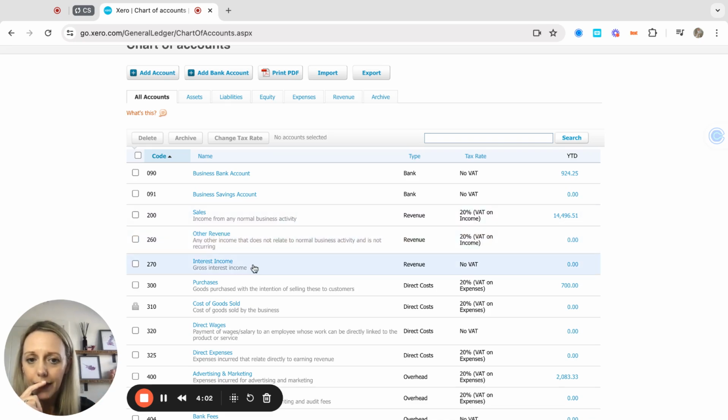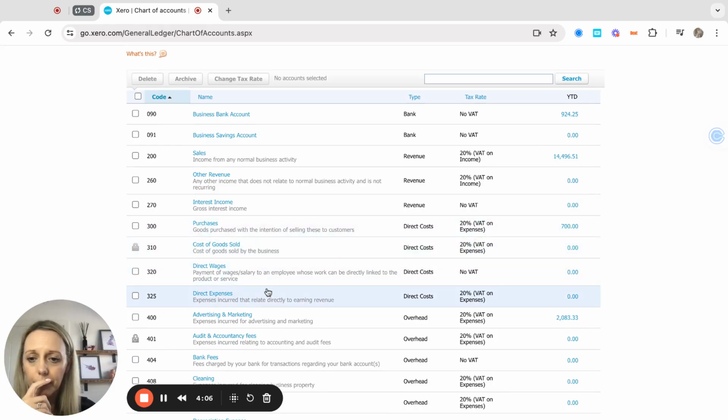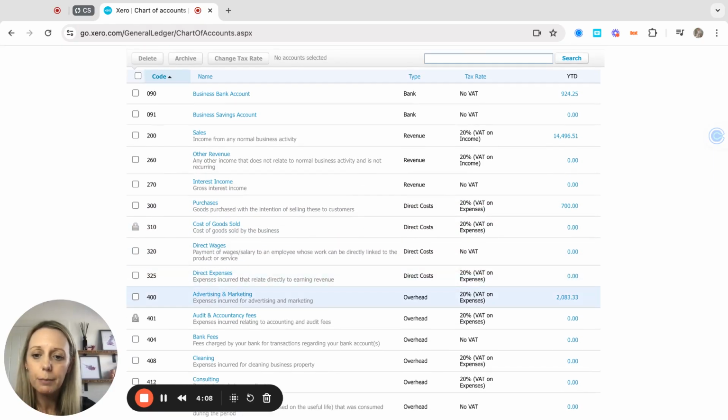So you've then got the sales, which is part of profit and loss, and then you've got the purchases. Now, the purchases are split into 2 sections. You've got your direct costs and then your overheads / expenses. And the difference here is the direct costs are things that relate directly to what you're selling.